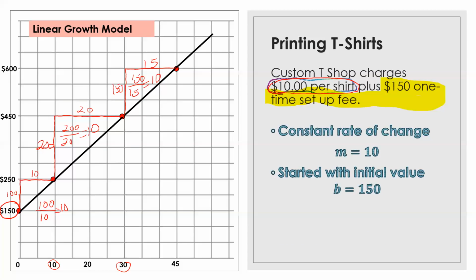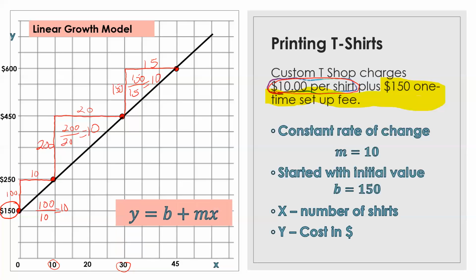Now, what equation will model that? Okay, think about how we calculate the cost of the shirts. The cost is 150 plus $10 multiplied by however many shirts, right? So we're also going to define X as the number of shirts and Y as the cost in dollars. So X is on the X-axis, the horizontal axis, and Y is on the vertical axis, and that would be considered the cost. So what's the relationship between X and Y?